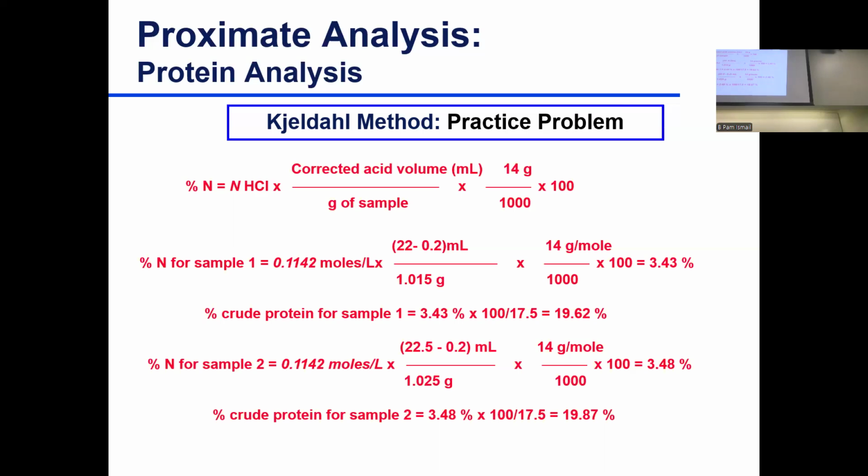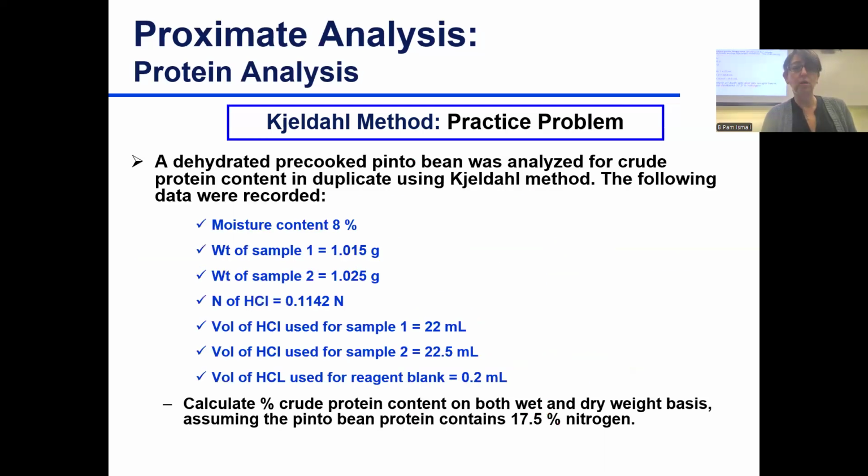Then you average that. So this would be on wet basis. How do I convert? Or is this on dry basis? What was the question? A dehydrated. Okay, so it's already dried for you.